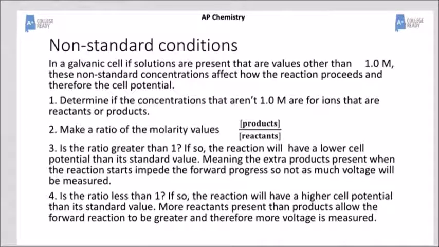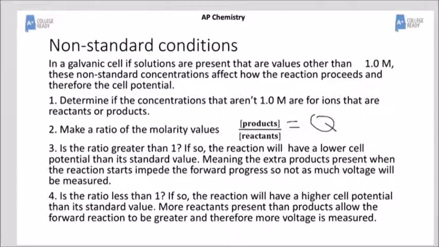If the ratio is greater than 1, and this ratio is really called Q, the reaction quotient. This really comes from a formula that is not required to be solved mathematically anymore, but you still are expected to understand the relationship. So again, is the ratio greater than 1?